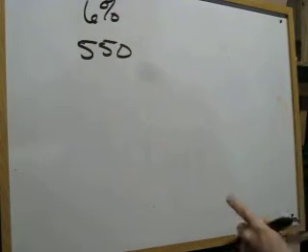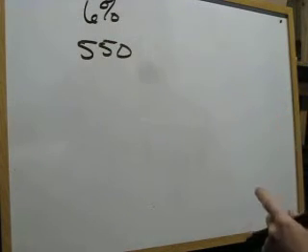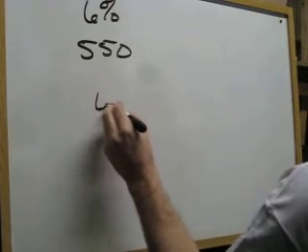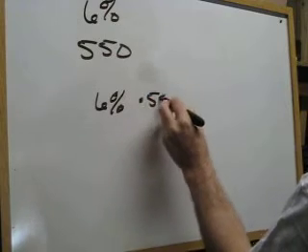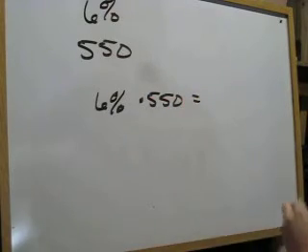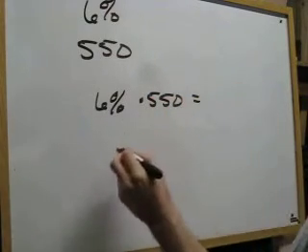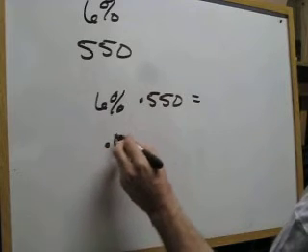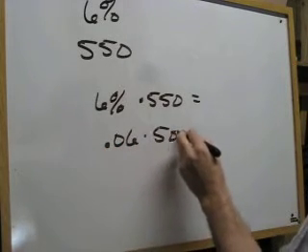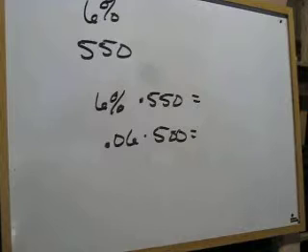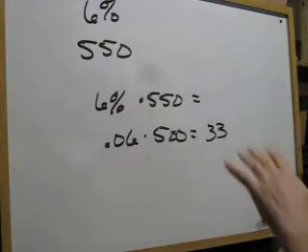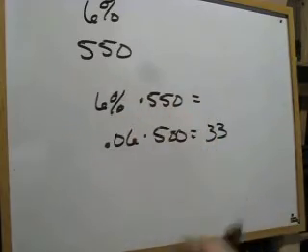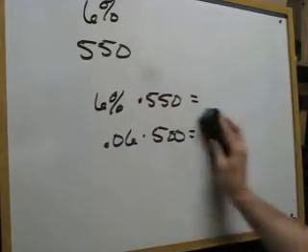Well, the total price again is $550, so we're going to put that with the tax rate, and that will be multiplied and give us the answer. So remember, we have to change the 6% to a decimal always, and we end up with tax of $33. So all we did was multiply the price of the refrigerator times the percent.